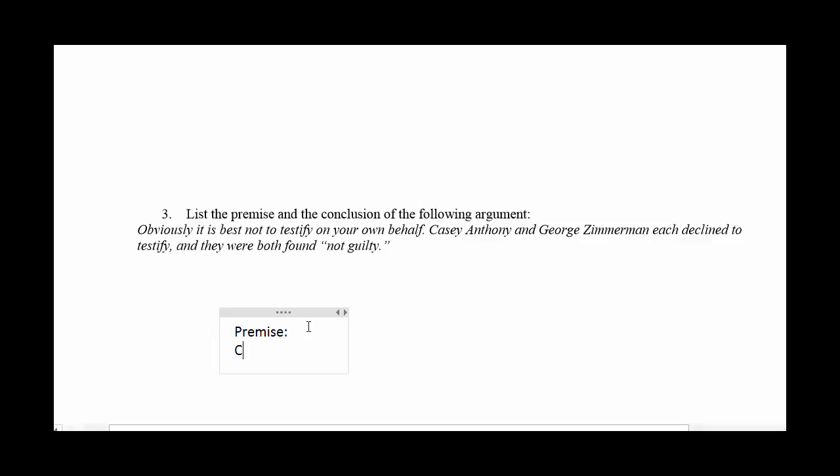We're supposed to get, in the conclusion, is actually the first sentence, that it is best not to testify on your own behalf. That's what we're supposed to conclude from this. Now, what evidence did they provide for this? Well, they gave us two statements.